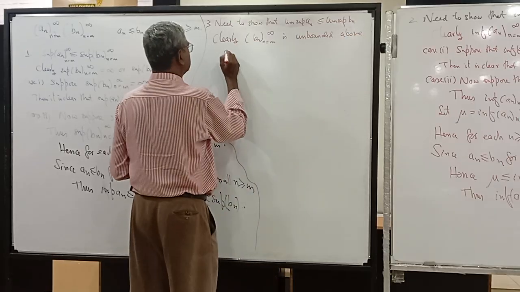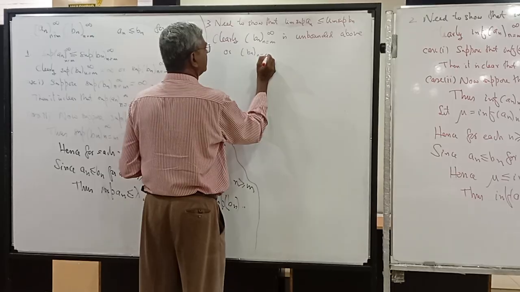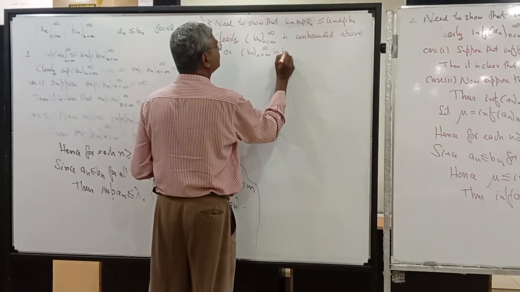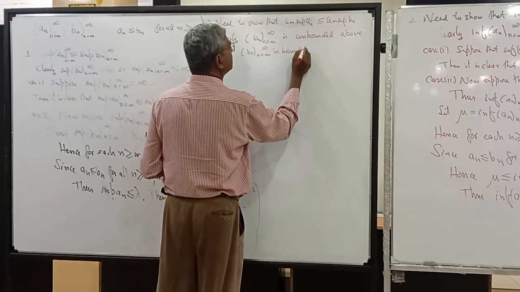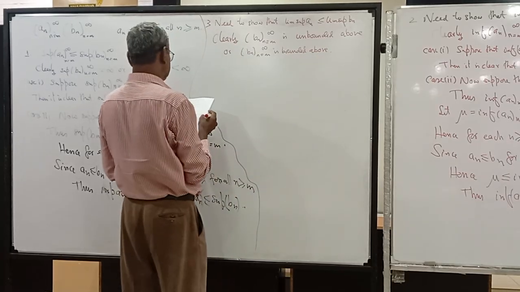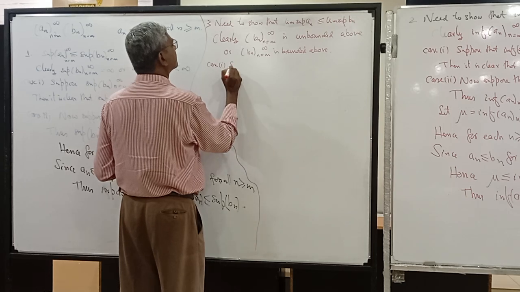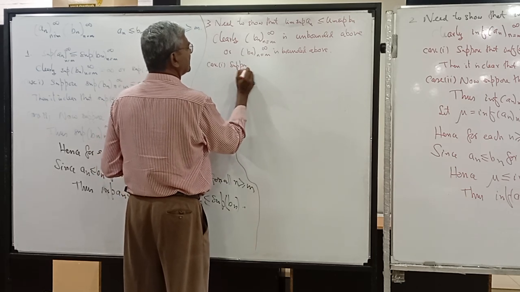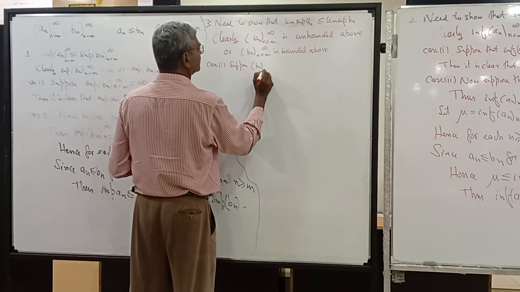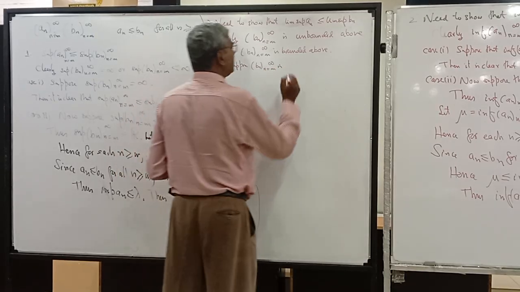Oh, b n, n going to infinity, is bounded above. One of them. Let's take case 1, suppose b n, n going to infinity, is unbounded above.